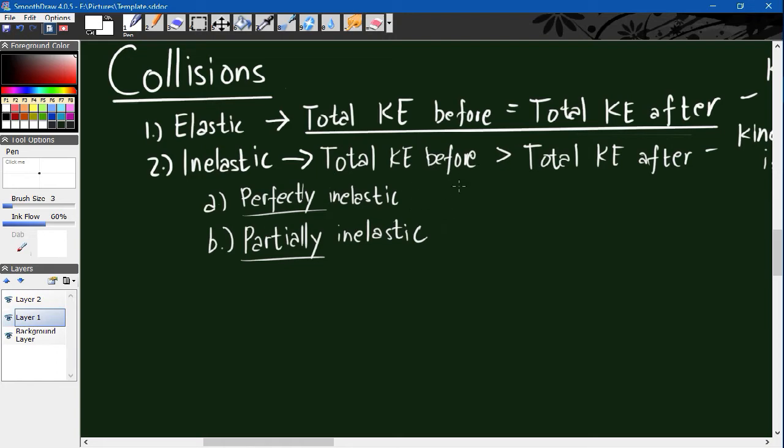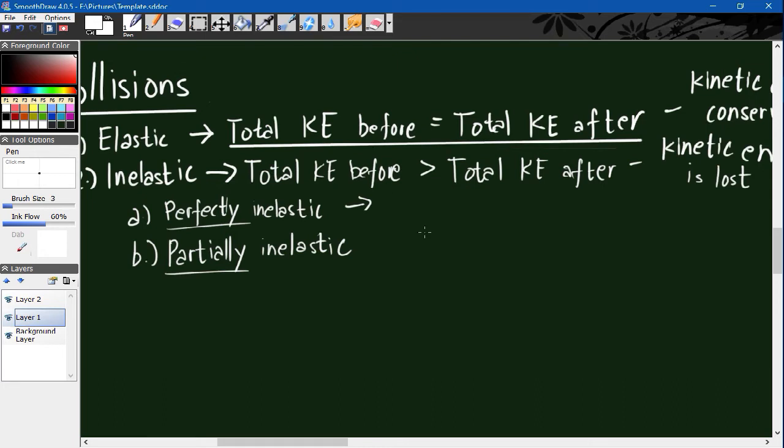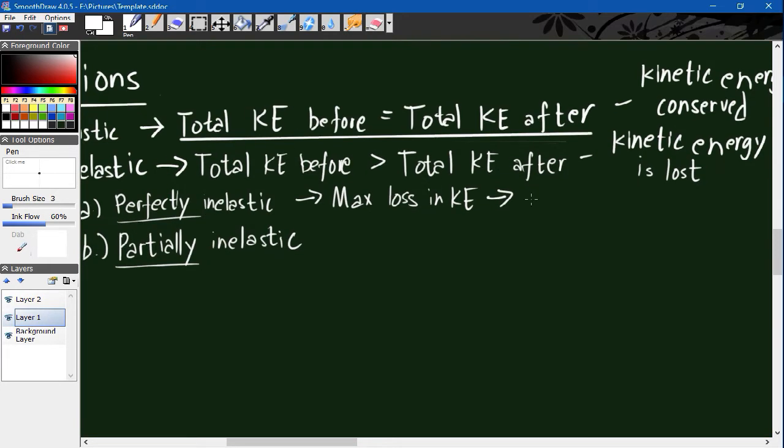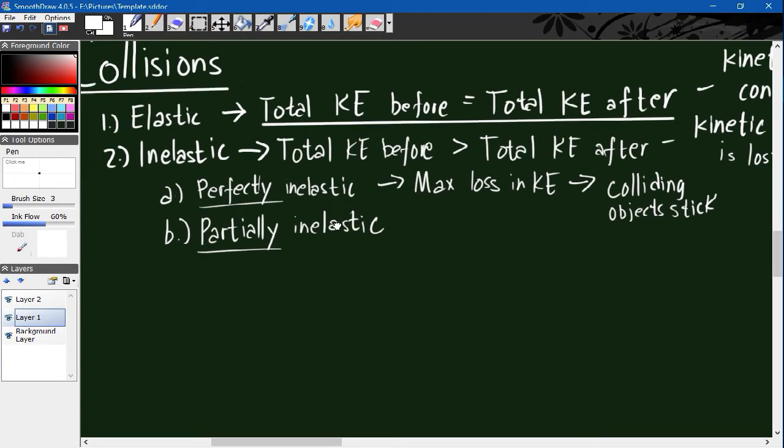For a collision to be perfectly inelastic, it means that there is a maximum loss in kinetic energy. And that also means that when the two objects collide, they tend to stick together. Colliding objects stick together.